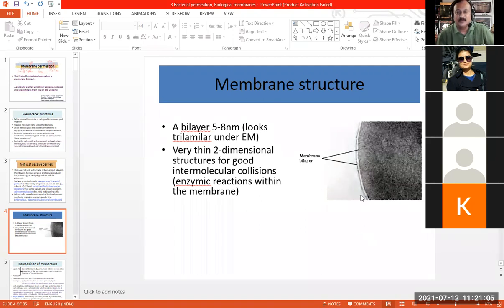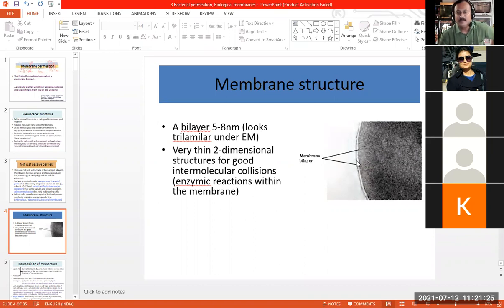This is how you can see it under the electron microscope: a dark layer, then a light layer, and then a third dark layer. So, a trilamellar structure.